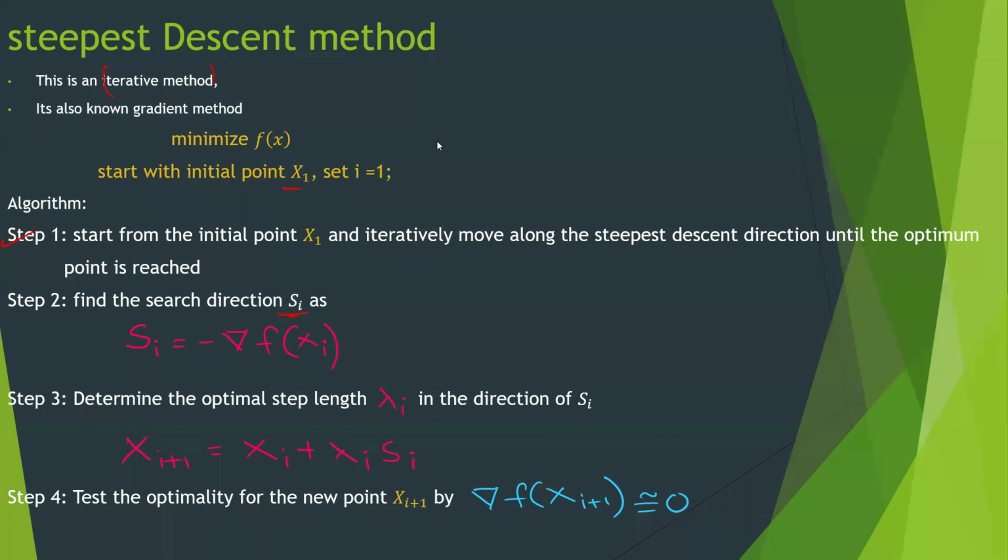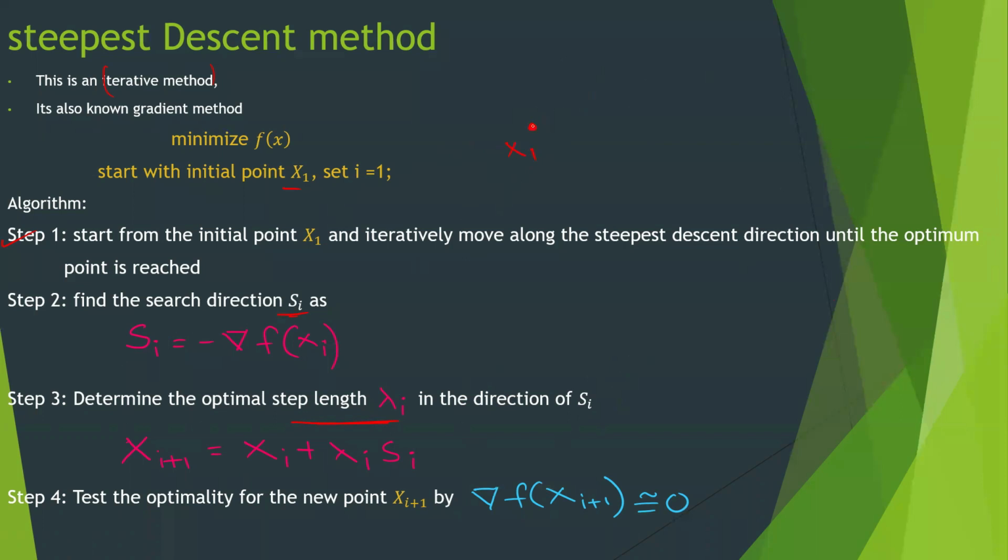Next, in order to find the next point, that is x2, or we can say the second iteration point, we need to first determine the optimal step length, that is lambda i, in the direction of x. So listen properly. Suppose you have an initial point, let's say x1.